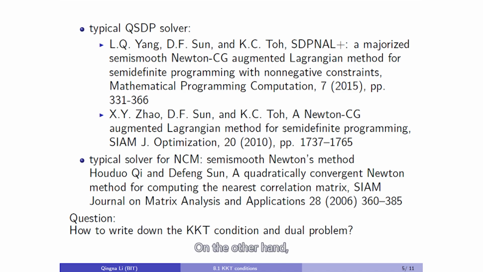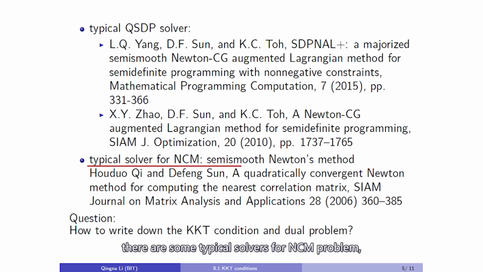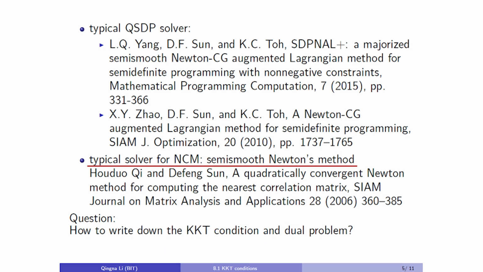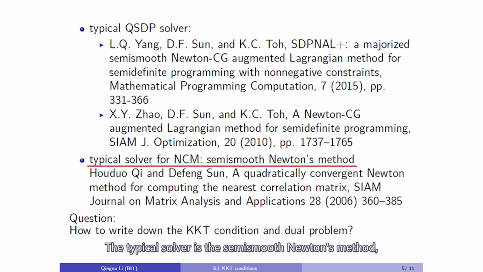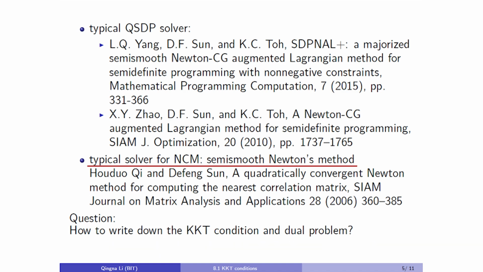On the other hand, there are typical solvers for the NCM problem, the nearest correlation matrix. The typical solver is the semi-smooth Newton's method, which we have introduced before. This problem can be successfully solved by the semi-smooth Newton's method, and the speed is very fast.